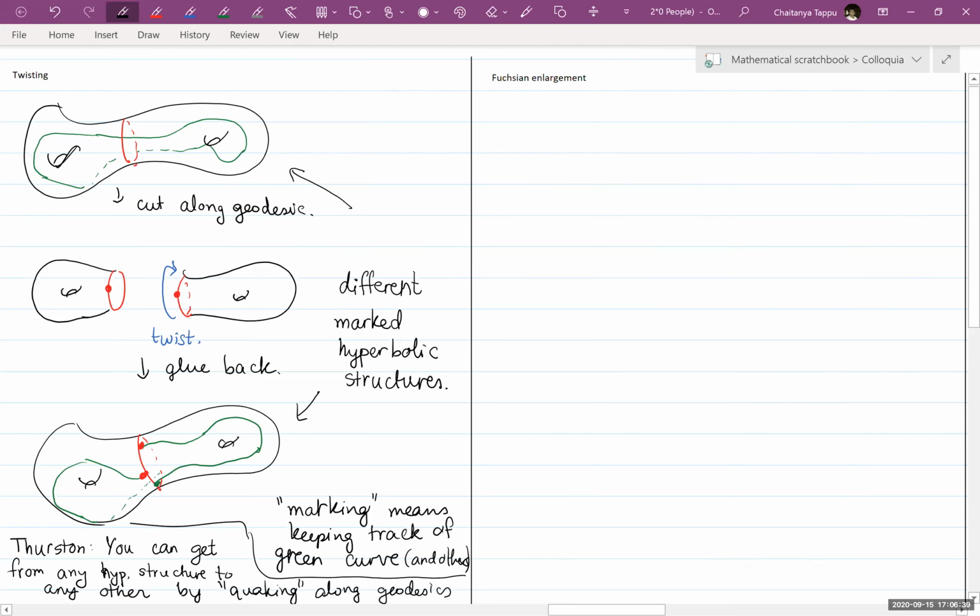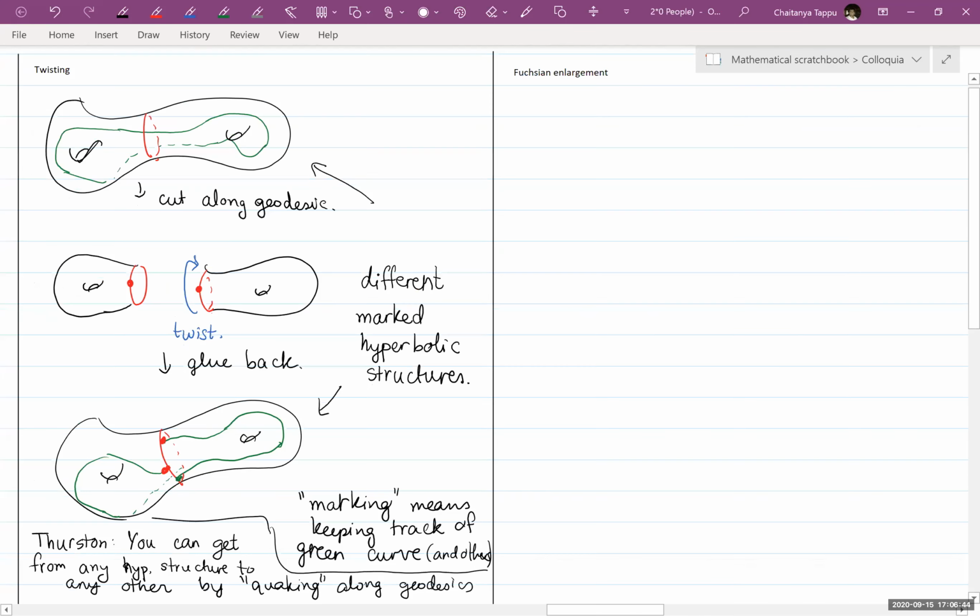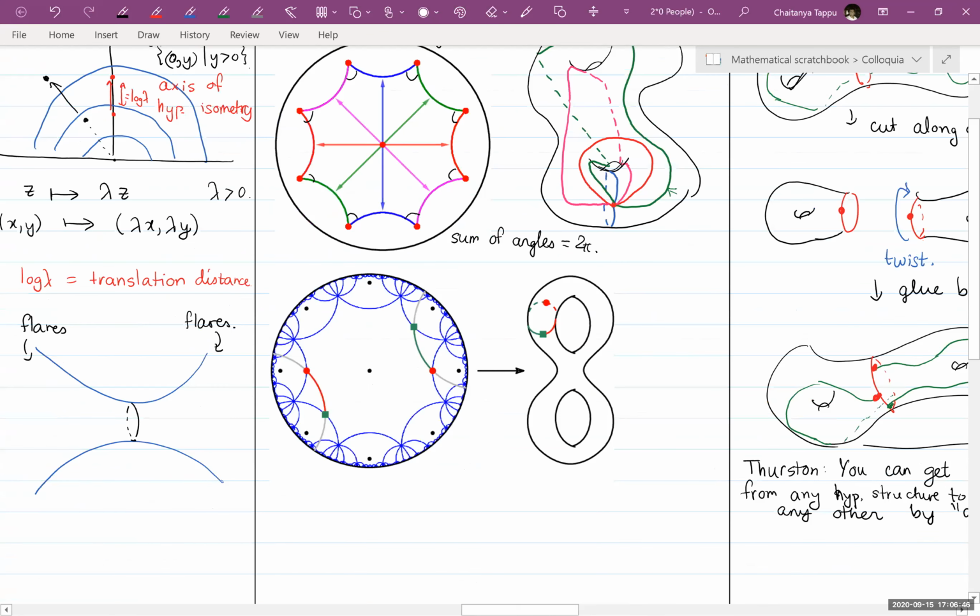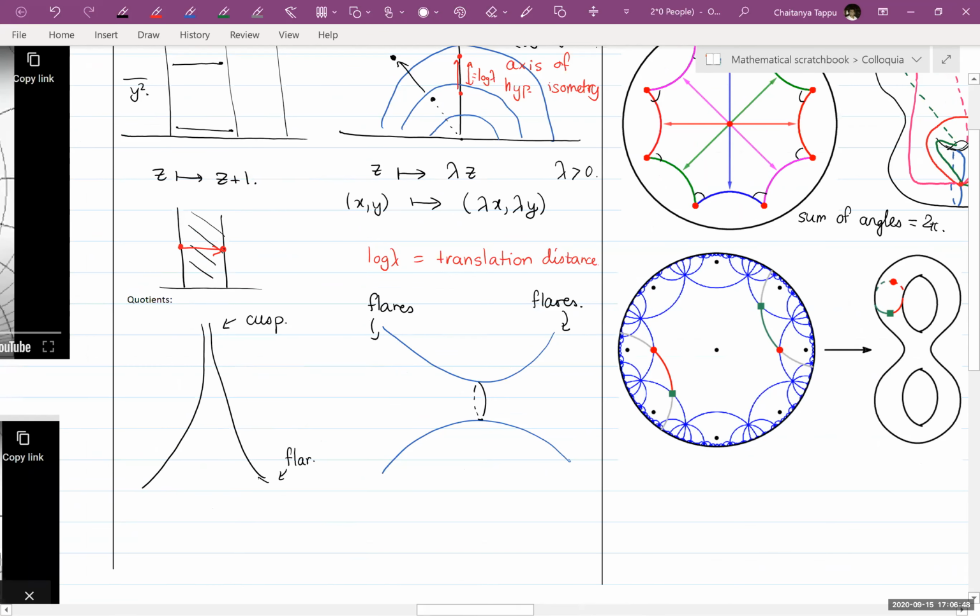So first I should tell you what a Fuchsian enlargement is. A Fuchsian enlargement is essentially adjoining some stuff to a hyperbolic surface in order to make a surface with a boundary.